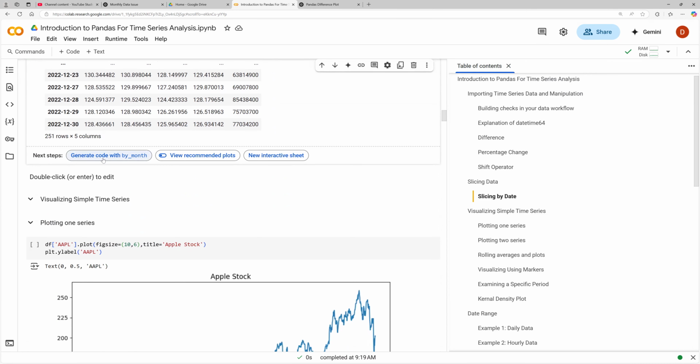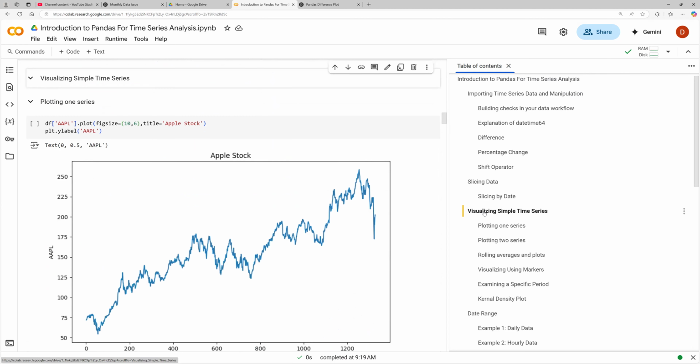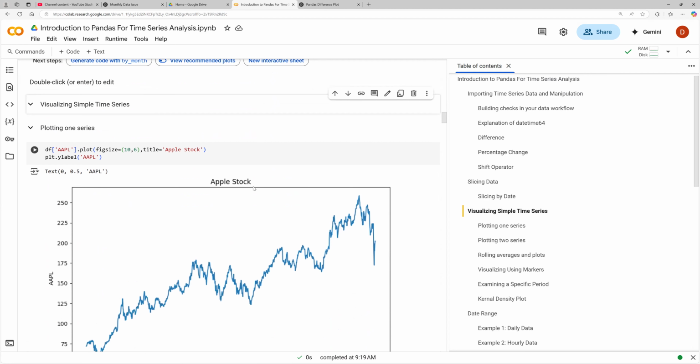Now we're gonna visualize some simple time series here. Here's Apple stock. Basically we just use plot and then you've got these fixed size options to make it bigger or smaller, depending on your preference. If I wanted to make it smaller here, I could just do this.